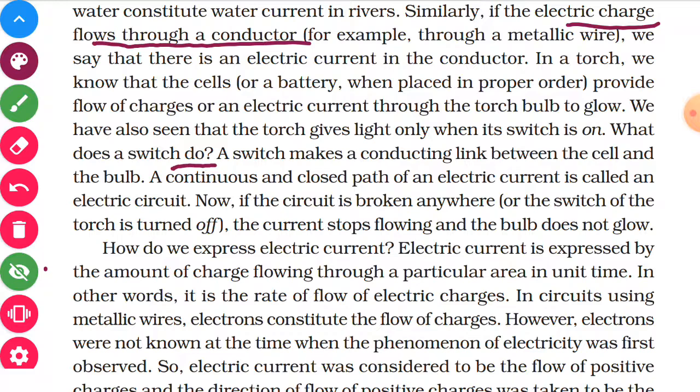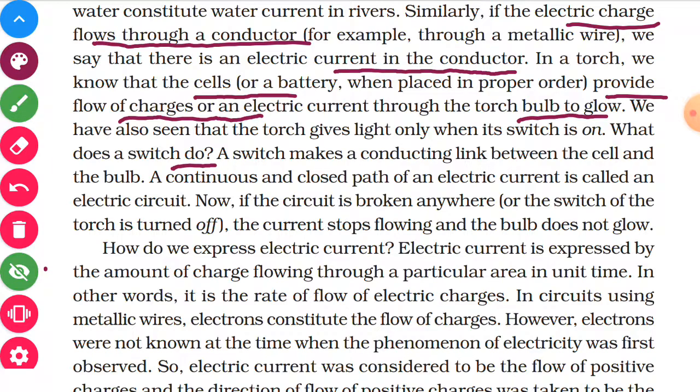Okay, now see, we say that electric current is flowing whenever the electric charges are passing through the conductor. In a torch, we know that the cells or a battery provide flow of charges or an electric current through the torch bulb to glow.